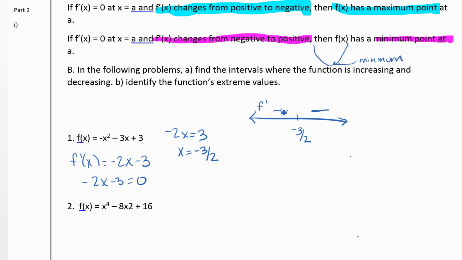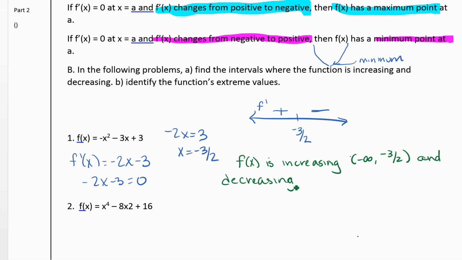So what this tells us so far is that f of x is increasing from negative infinity to negative 3 halves and decreasing from negative 3 halves to infinity.